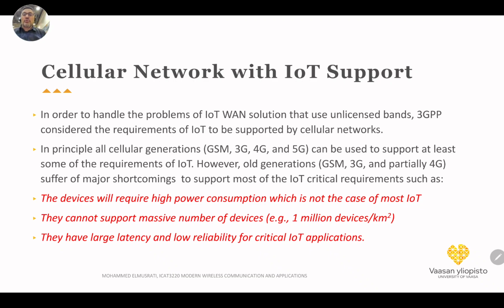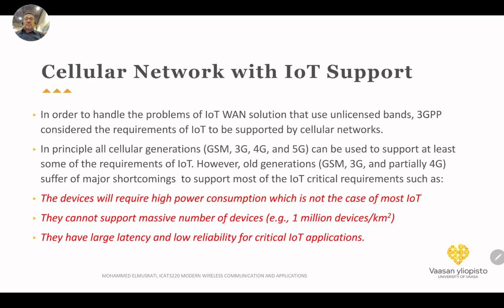Because 15 years ago, we only needed to collect data from a smart meter, so we could use a GSM modem for that application. But now we talk about critical time applications in industry, in healthcare, or in traffic safety.